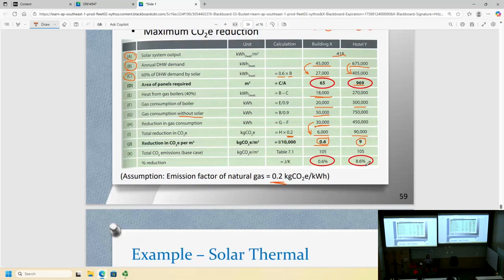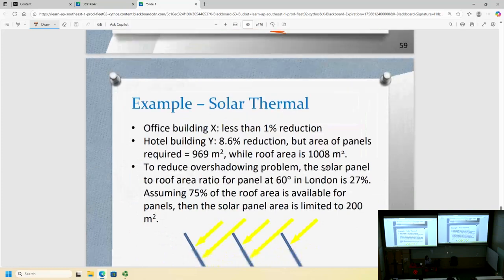So in summary, by installing this area of solar thermal collector, we can reduce 0.6% of the carbon dioxide emissions for building X, and for hotel Y, reduce 8.6%, which is not so much, right? So for building X, only 0.6%, very little, not too significant.